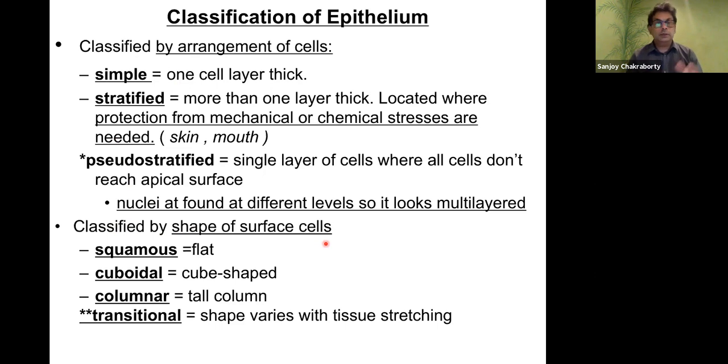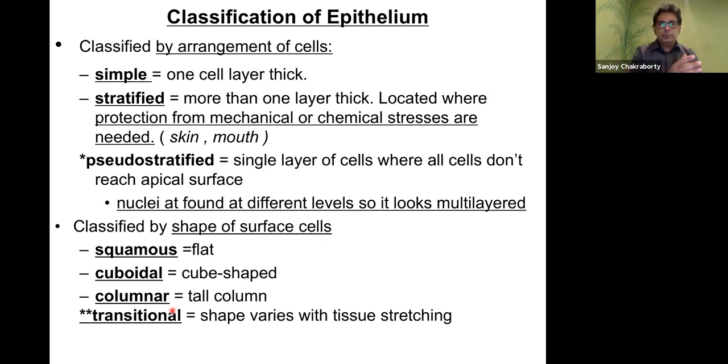Cuboidal cells look like a cube shape. Columnar cells have a tall shape. Now, if you put these two together, meaning the arrangement of the cells and the shape of the cells, we get 6 types. How? We get simple squamous, simple cuboidal, simple columnar, or we get stratified squamous, stratified cuboidal, and stratified columnar cells, based on how they're arranged and how they look.